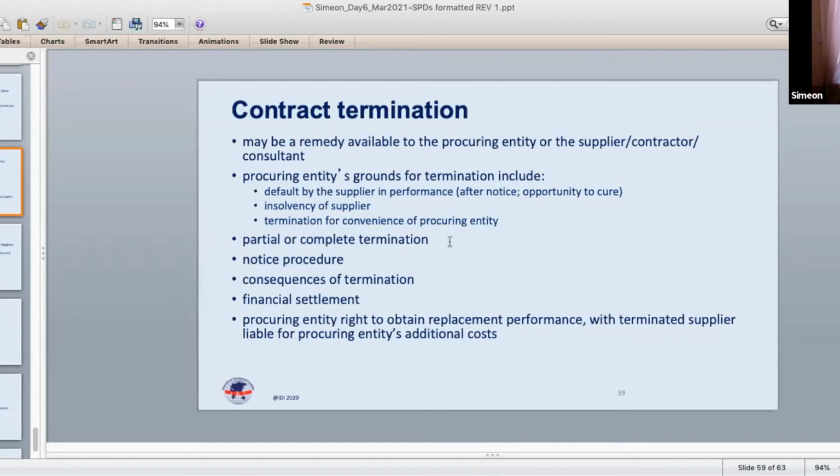Again, here there are notice requirements. Typically, the right of the procuring entity to terminate a contract, the exercise of that right, must be preceded by a notice provision, so that the defaulting or allegedly defaulting supplier or contractor is given notice in advance of the axe dropping on the contract.